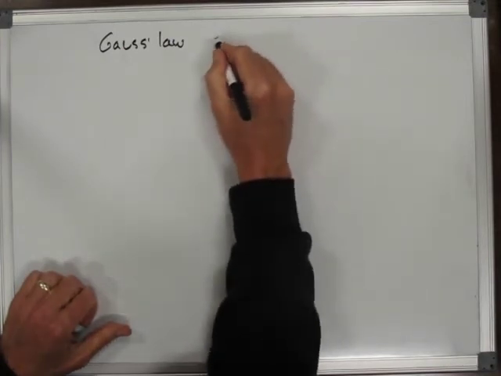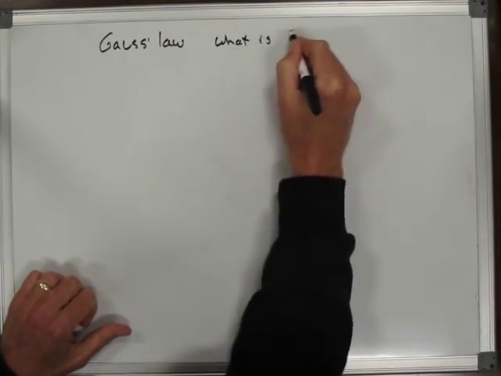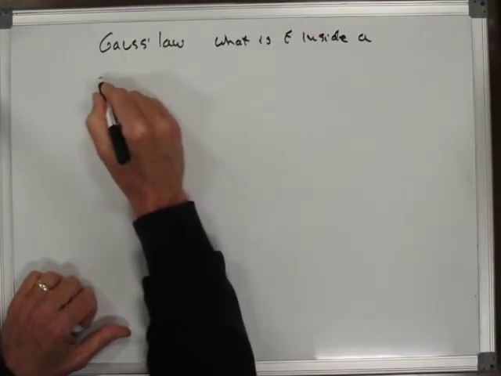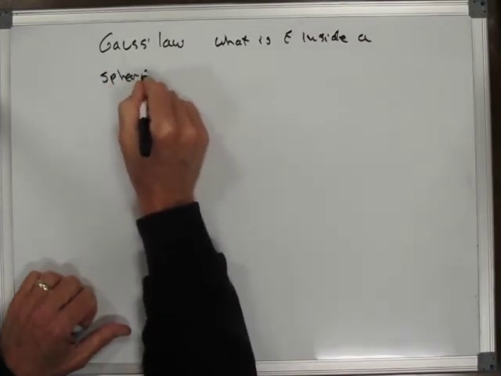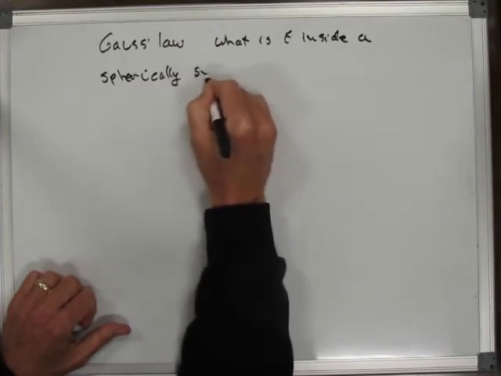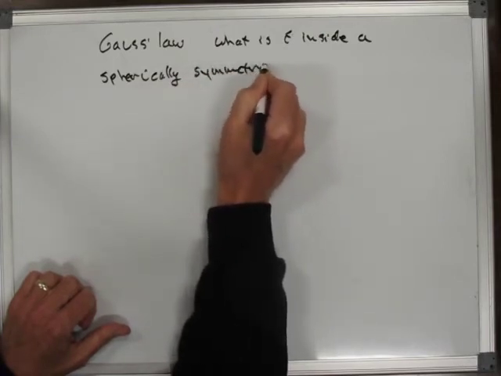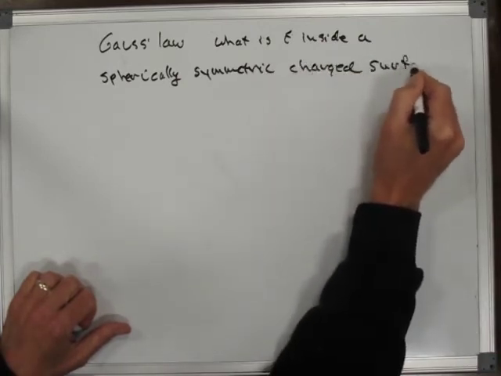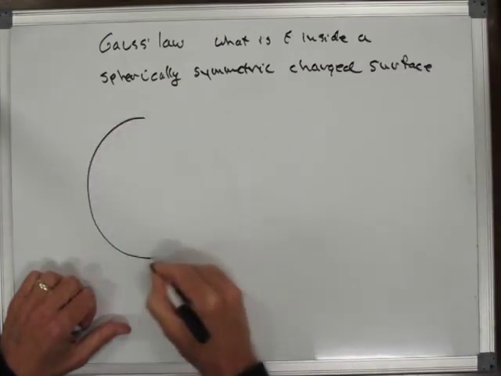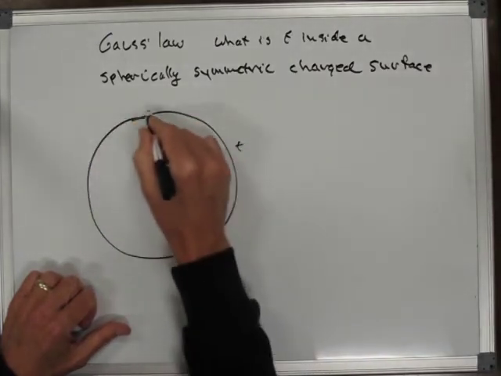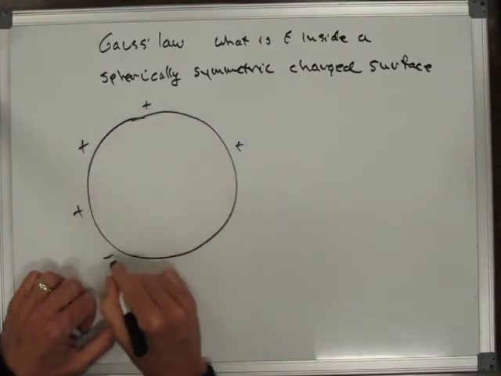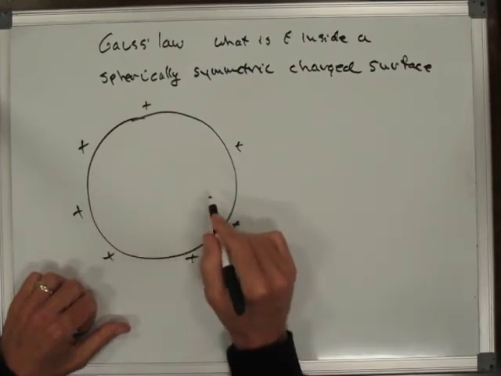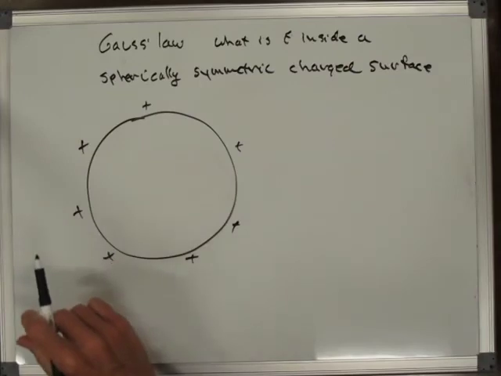So if I have some surface right here, and it's charged, say, positive on the outside, and we want to know what the electric field is inside, we can draw a Gaussian surface on the inside.